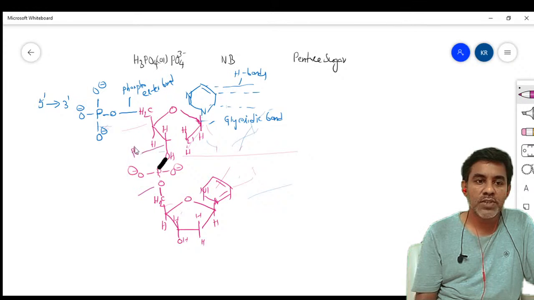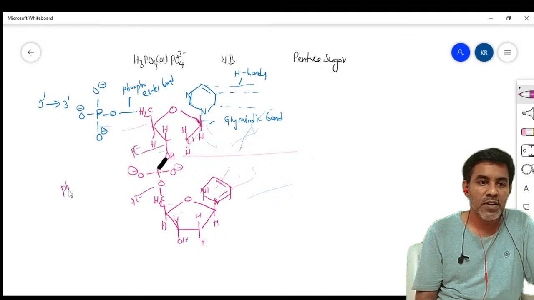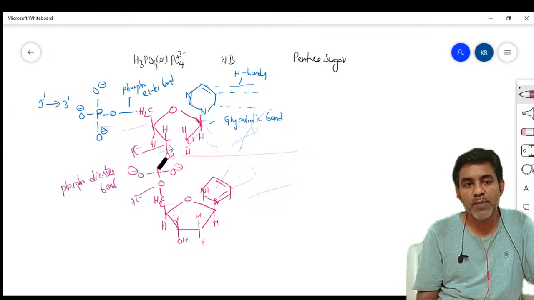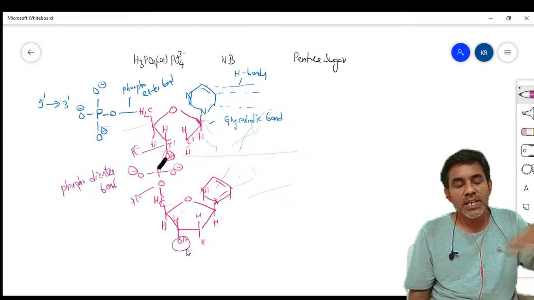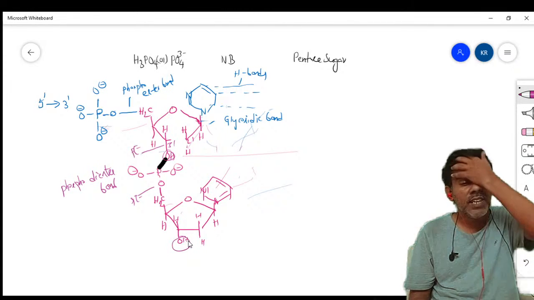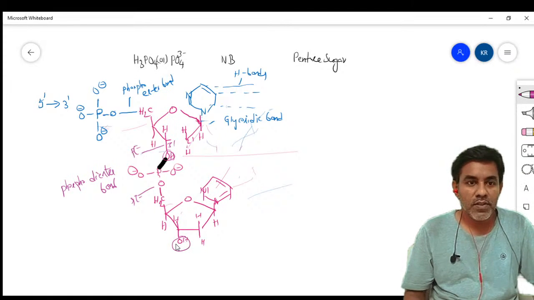Hence the backbone of the DNA is composed of phosphodiester bonds. Like this, always this 3' hydroxyl molecule is involved in the extension of the DNA segment.